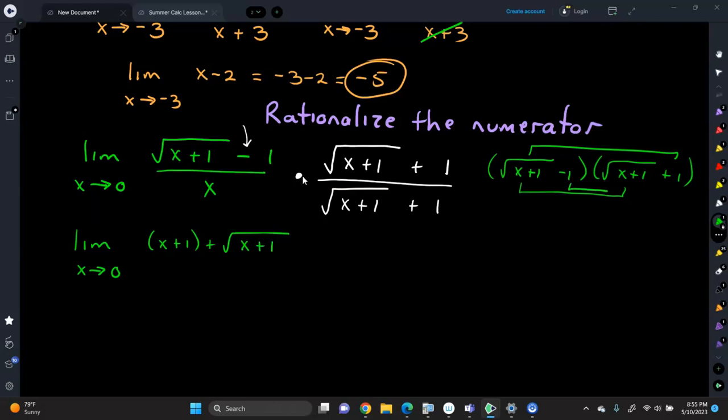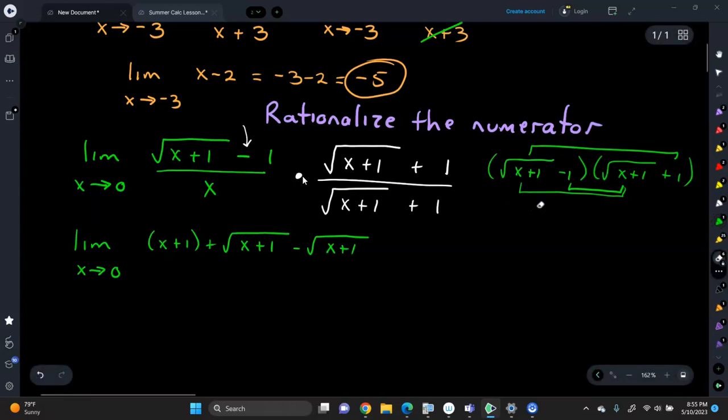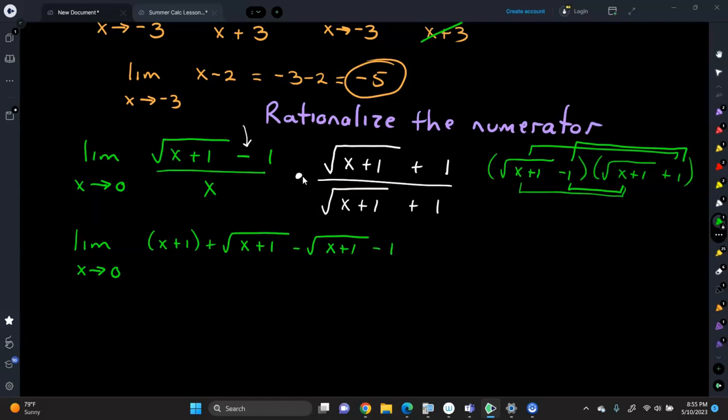And then it's going to be minus the square root of x plus 1. And then we've got negative 1 times 1. So that'll be minus 1 over x times the square root of x plus 1 plus 1.